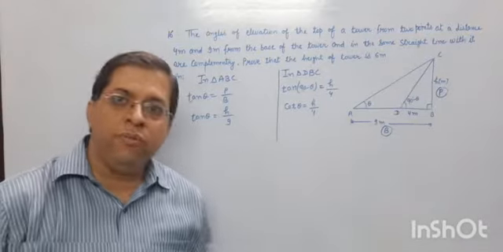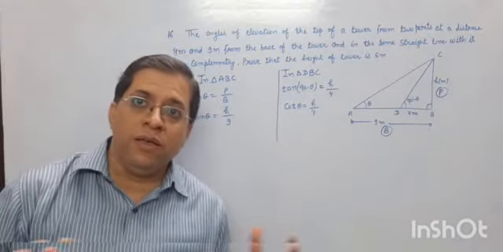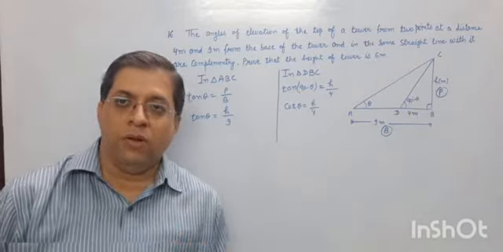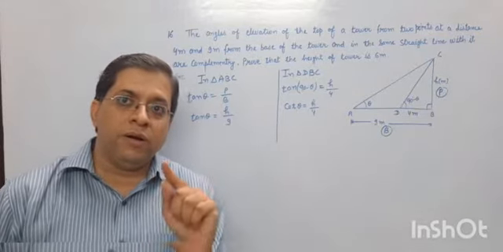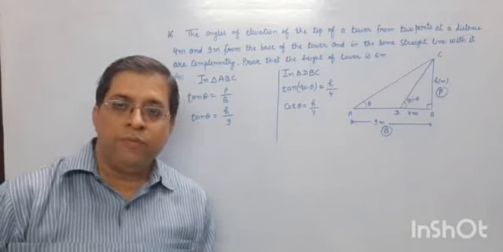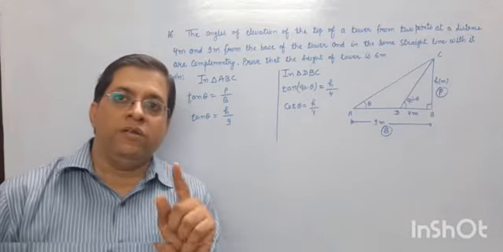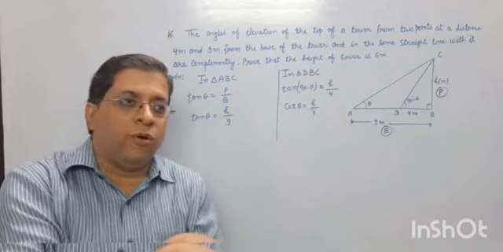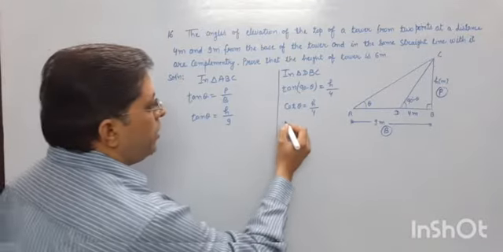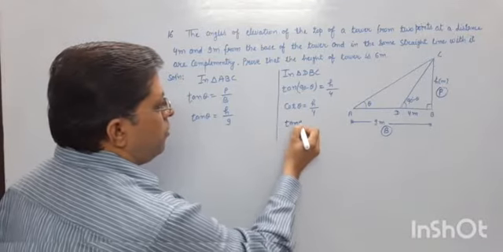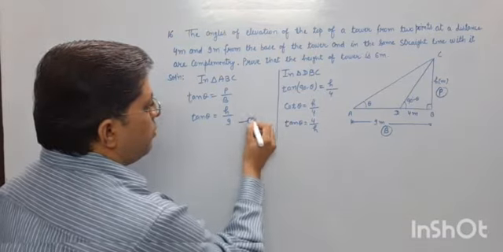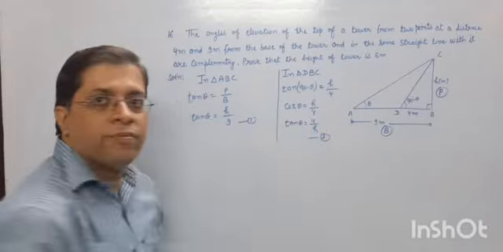And what is the relation between tan theta and cot theta? Both are reciprocals. So can I convert cot theta in terms of tan theta? Cot theta is equal to 1 upon tan theta. It means I have to take its reciprocal to convert to tan theta. So tan theta will be what? 4 upon H. This is the first and this is your second.